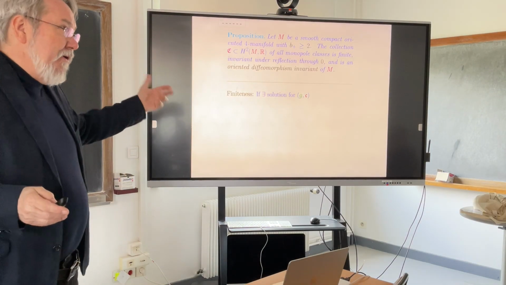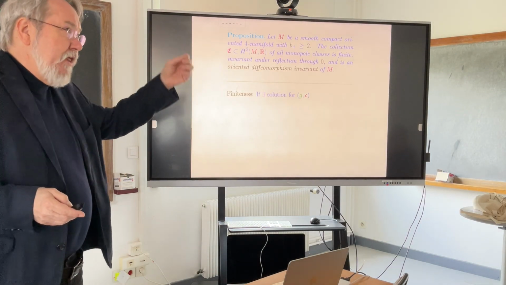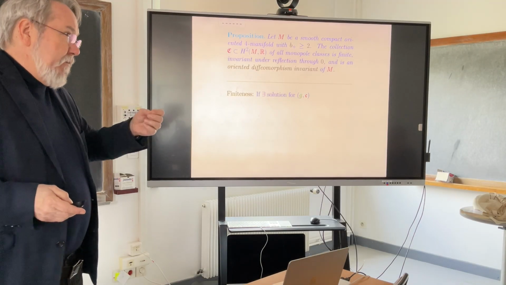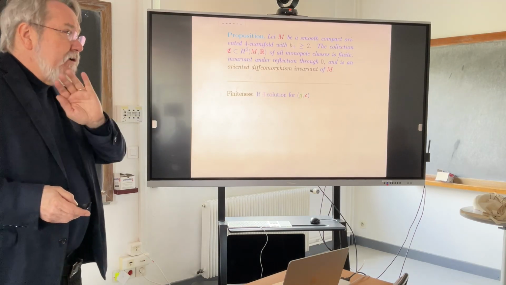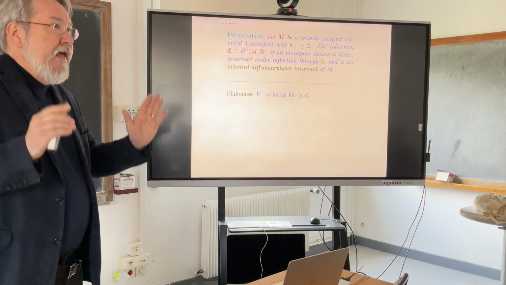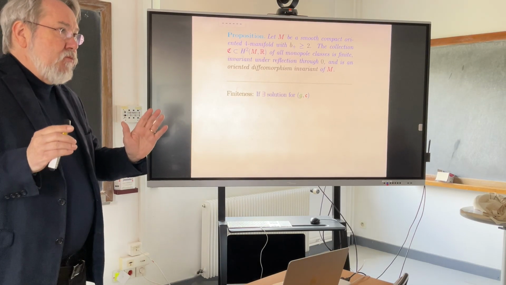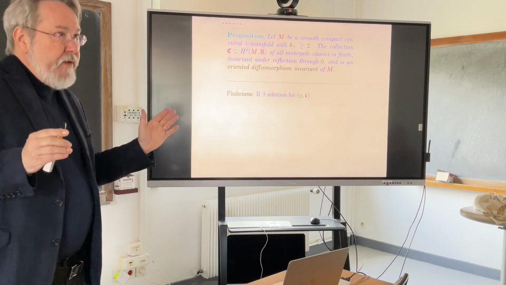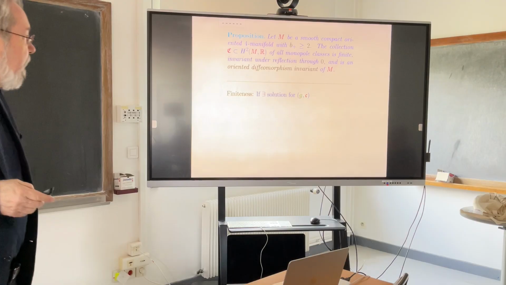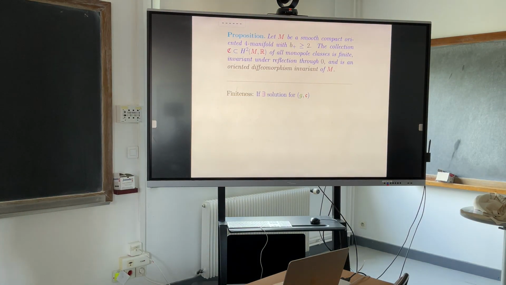You need some other machinery to show that a particular spin-C structure has this property. But it's a useful conceptual tool to look at those spin-C structures with this property, that for every metric there's a solution of the Seiberg-Witten equations. Okay, so now choose some particular metric on the manifold.